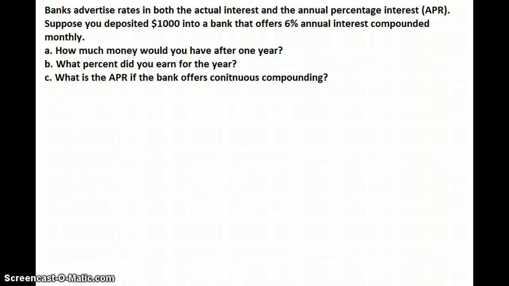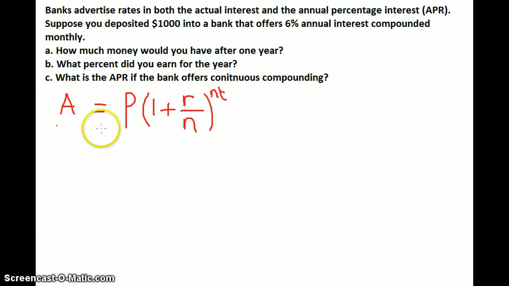So I wanted to remind you of a formula that you'll need to solve this problem. And this formula is A equals P, parentheses 1 plus R over N, close parentheses, power NT. This formula is very important, and I want to talk to you about what each one of these letters mean.